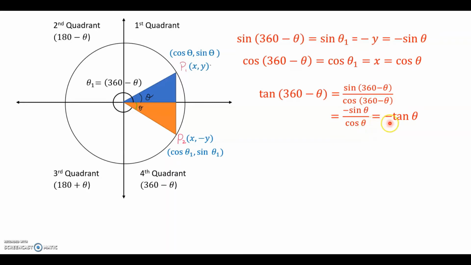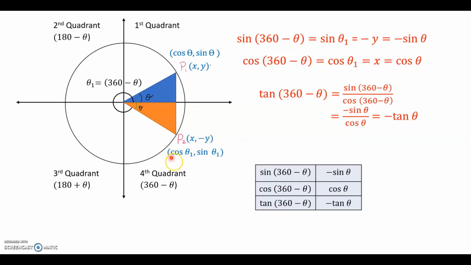So our answer is minus sine by cos, which is tan. So we get minus tan theta. Now we have found the trigonometric ratios for all three, sine, cos and tan, when our angle is 360 minus theta. In other words, when the angle is in the fourth quadrant.